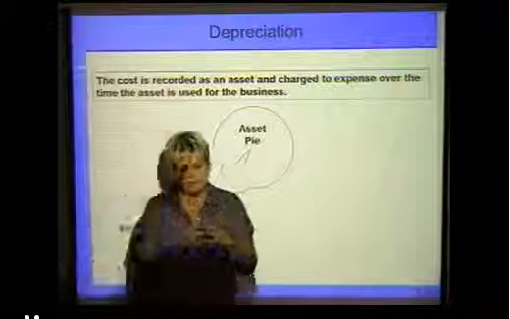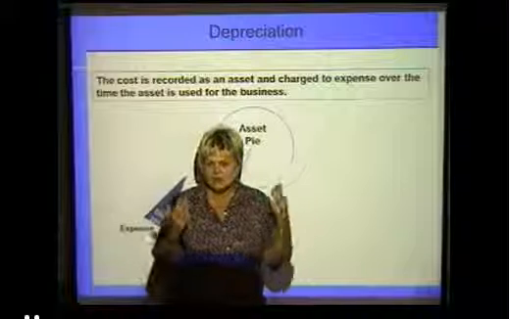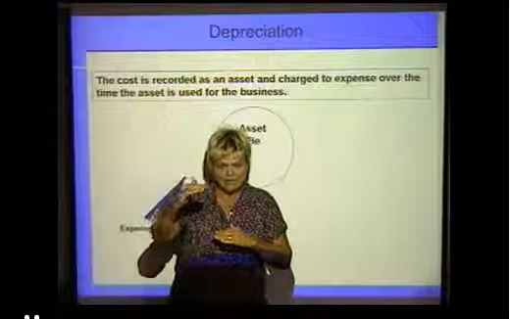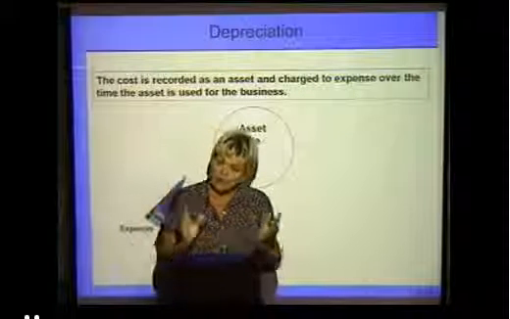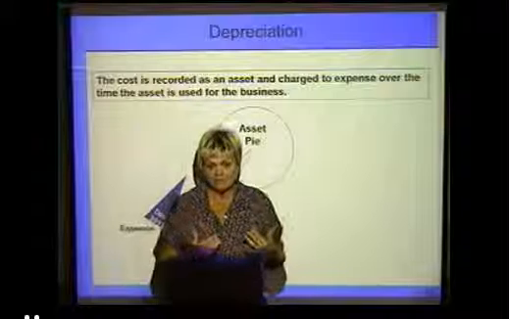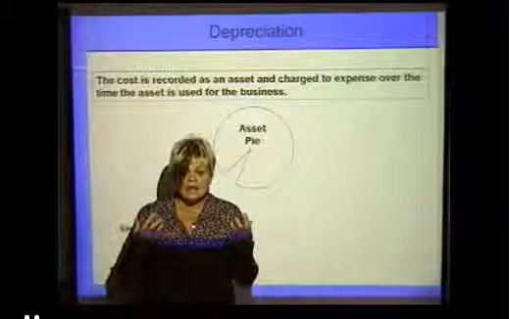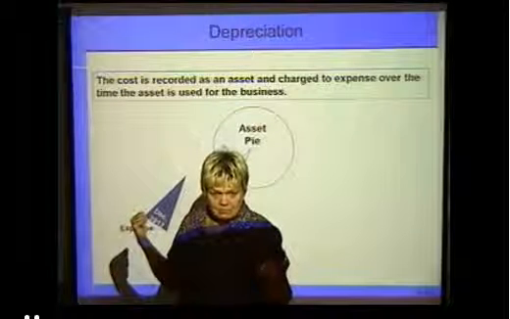So, again, one of our main principles is to apply all the expense that we can that matches up with the income for that month. So part of the expense is the use of the value of our equipment. And we want to be able to expense that equipment as we use it up.